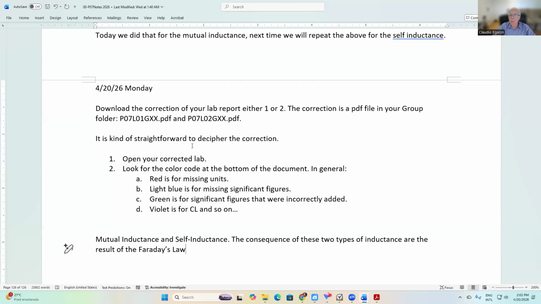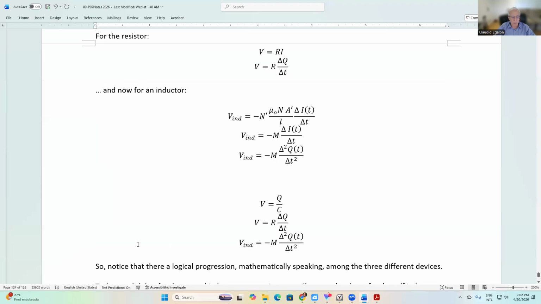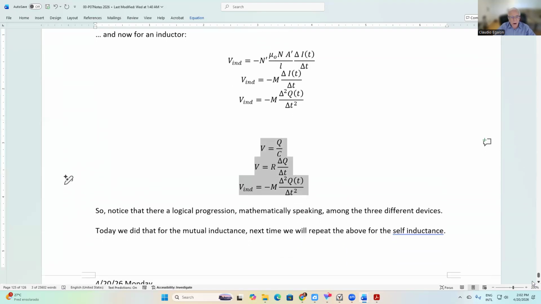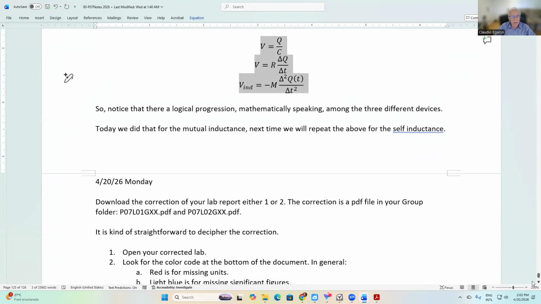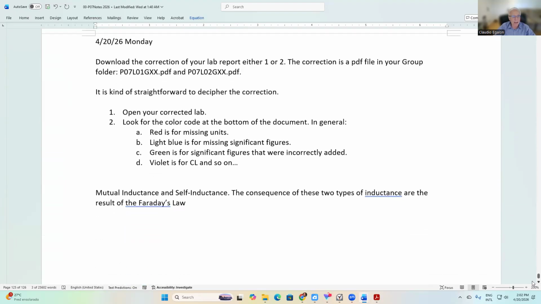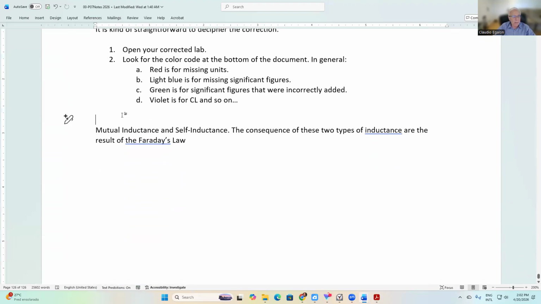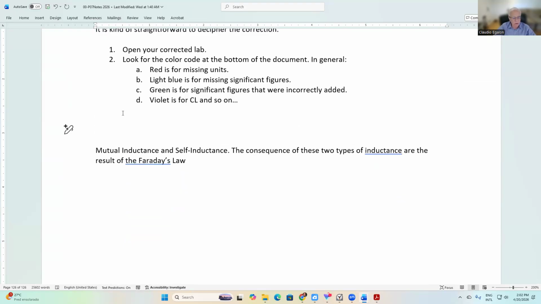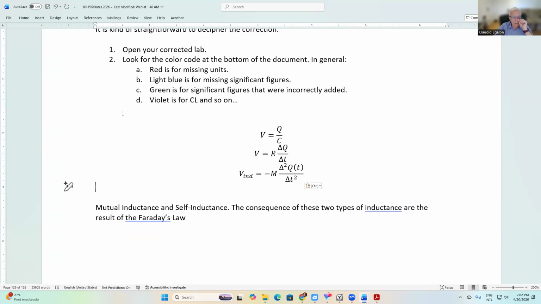It's just another way of writing Faraday's law. It's very important, so let me write it here for you. I'm going to write those three equations for the capacitance, resistance, and inductance in a different way. I'm going to write that down in terms of delta Q over delta T.